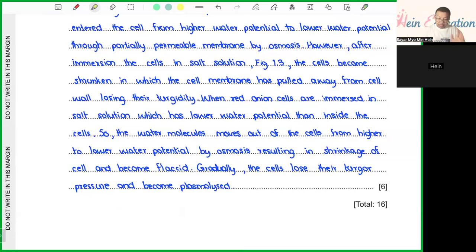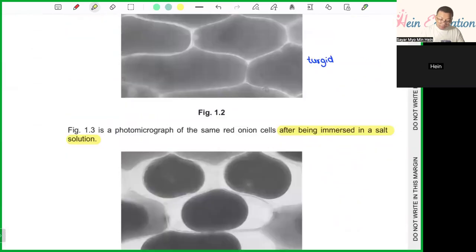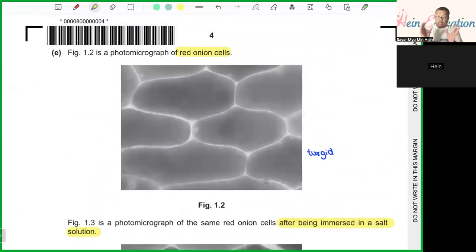To summarize again, figure 1.2 shows the stage of turgidity, showing that water has entered the cells from higher water potential to lower water potential, and it has a turgor pressure which presses against the cell wall and maintains the normal shape of the cells.